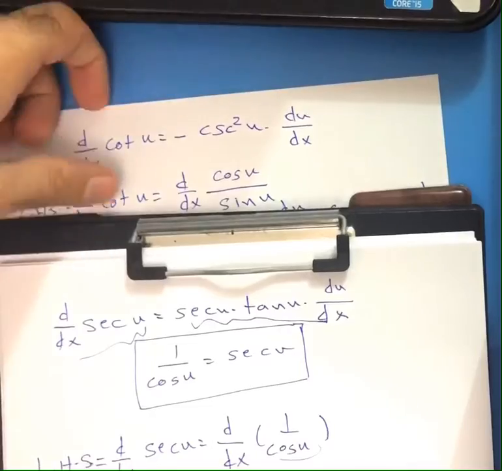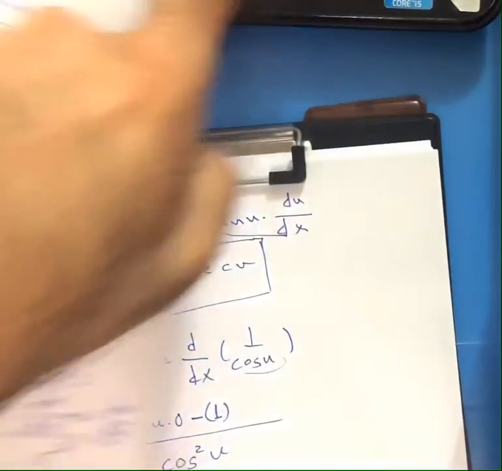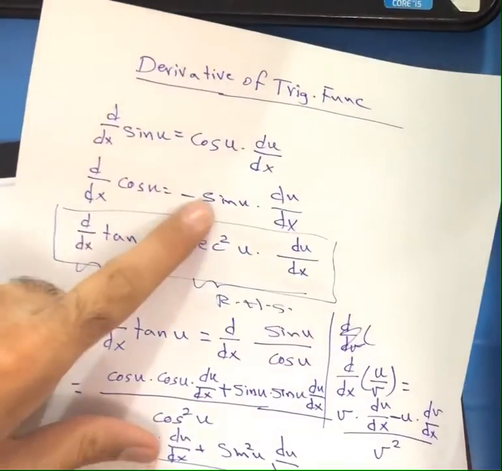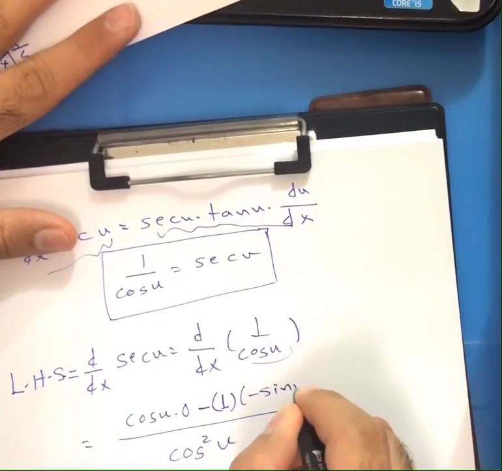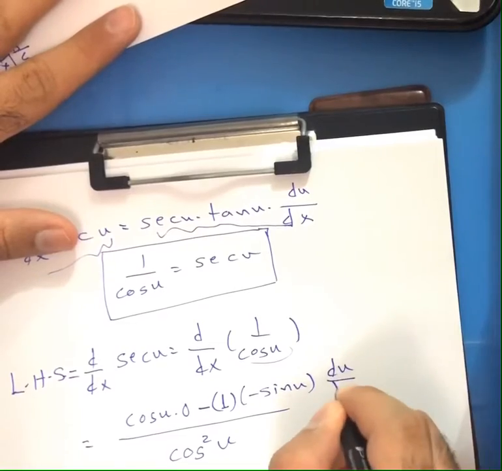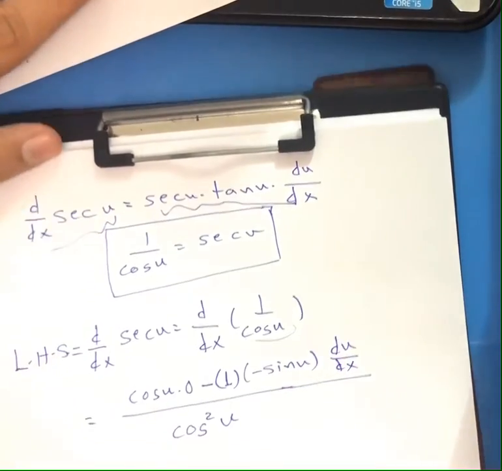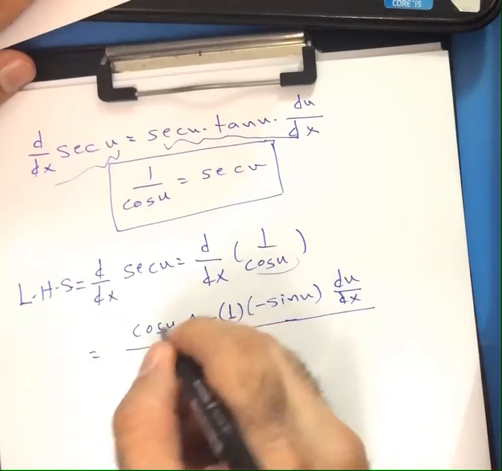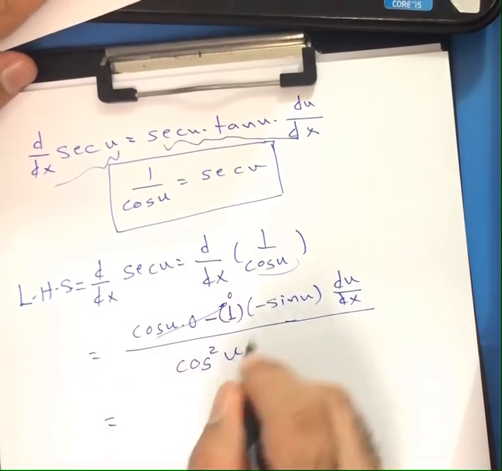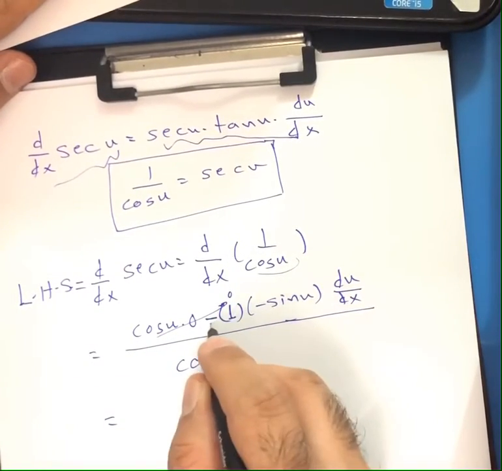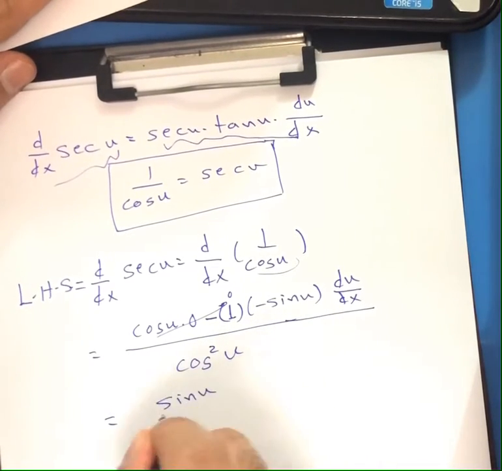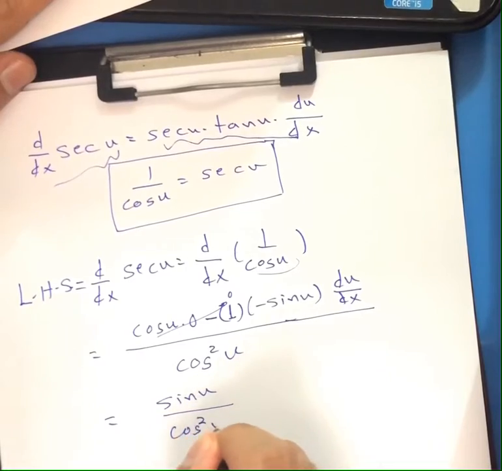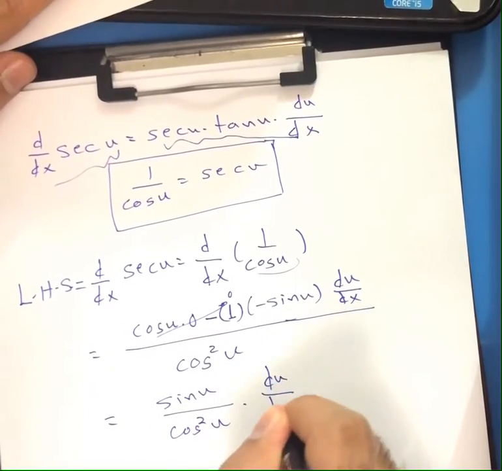Just a few minutes ago I wrote for you that the derivative of cosine u is minus sine u multiplied by the derivative of the angle, which is u, with respect to x. Now this will be 0, and here I have this minus multiplied by this minus sign, so it will be positive sine u divided by cosine square u, du by dx.